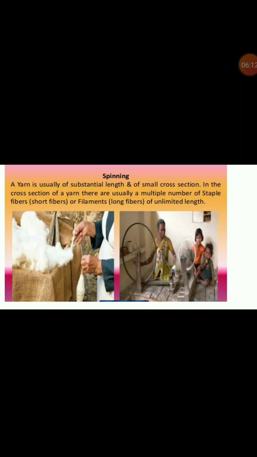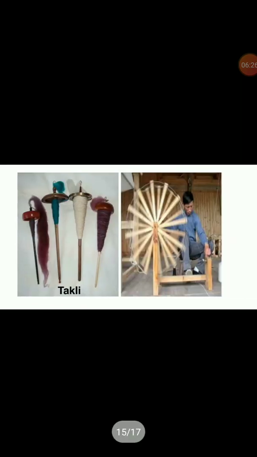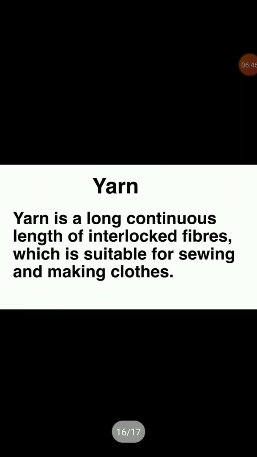So that process in which we are obtaining the fiber from the cotton ball is called spinning. In this spinning process, we are using one of the instruments called Takli, on which the fiber which we are obtaining from the cotton ball is being reeled, and then this fiber is being utilized for making the yarn.